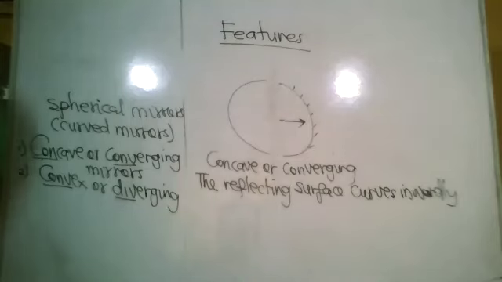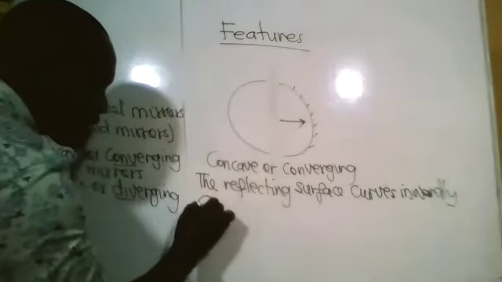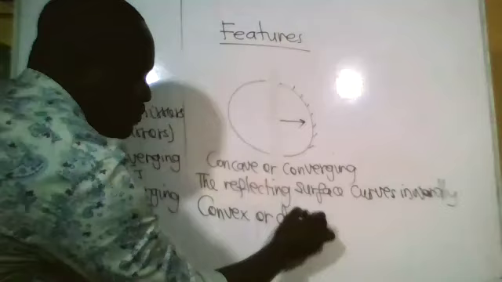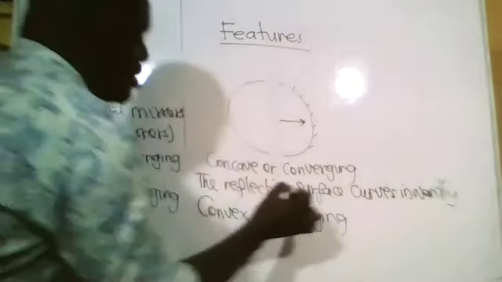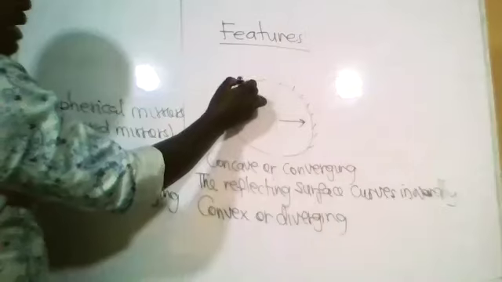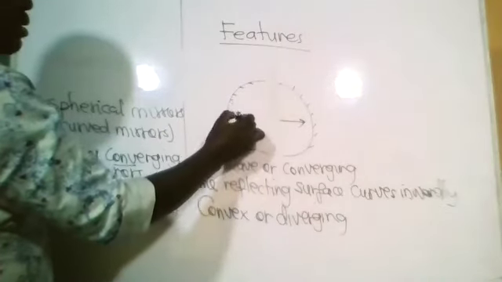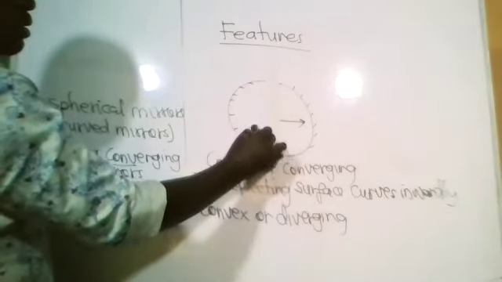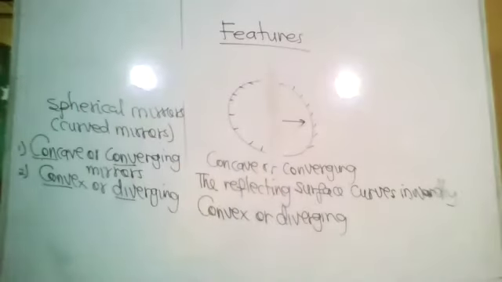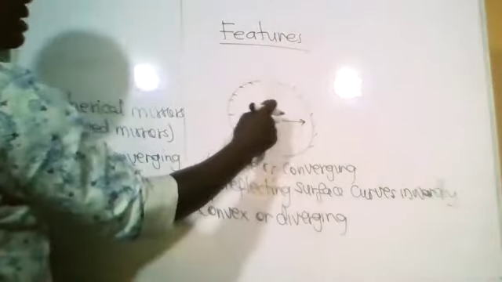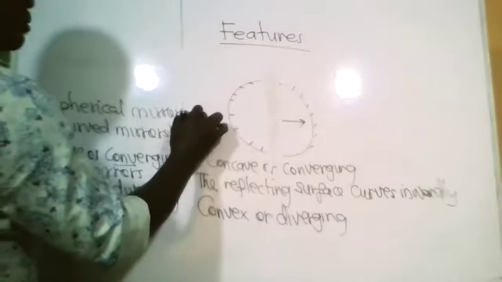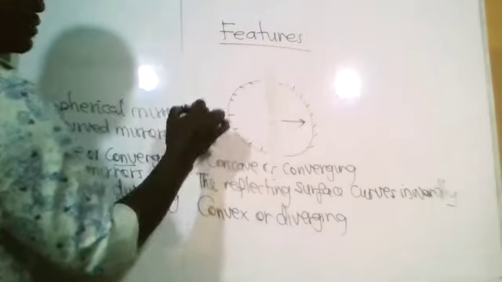Then for convex or divergent, this side is coated. So the moment you coat one side, light cannot be incident here. It must be the other side. So this side becomes the reflecting surface.